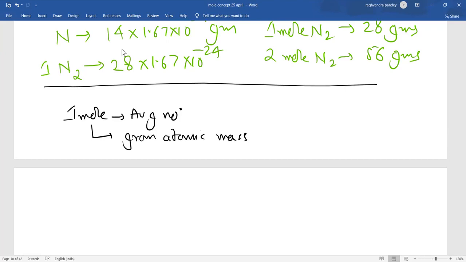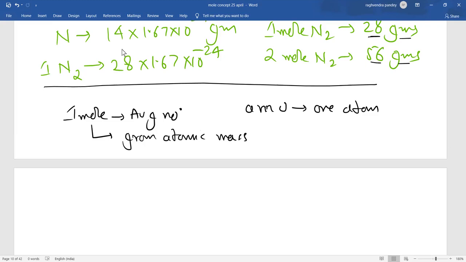Okay, when we use AMU, it is for one atom, not for 1 mole. So AMU is different. Gram atomic mass means 56 grams. Suppose this is your 1 mole. So for 1 mole, gram atomic mass for N2 is 28 grams.